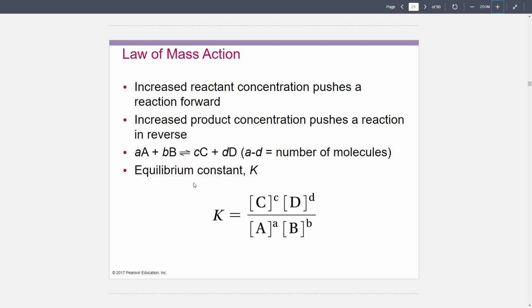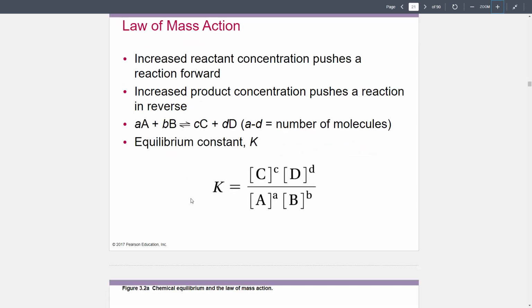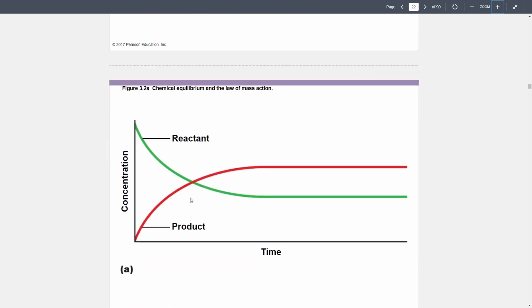Which means we get that lovely equation at the bottom, which is the equilibrium constant, which is K. Will you ever need to calculate the equilibrium constant? Not in this class. Maybe in chemistry or organic chem, but not in physiology. We typically will give you the constant. We've already worked it out.